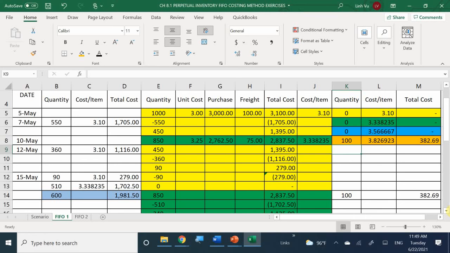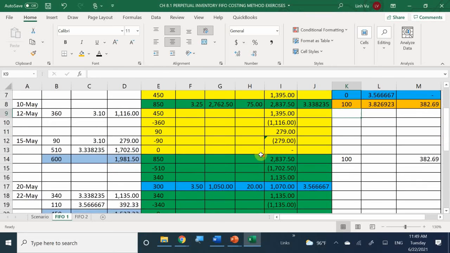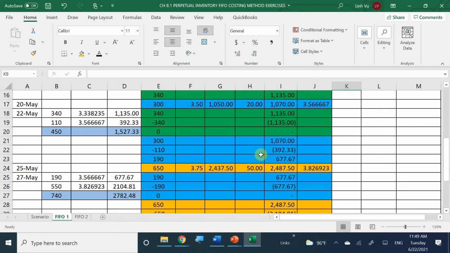At the end of May 31st, I should have 100 units left on hand. And there we have it. That's how we're going to take perpetual inventory, and this is how we're going to cost it using the FIFO method. Any questions so far?